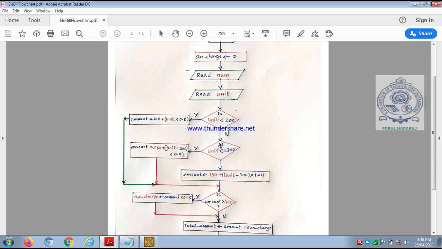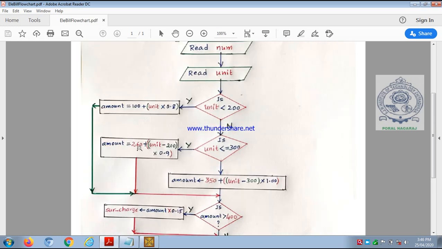Then we check is unit less than or equal to 300. 250 is less than or equal to 300, yes, so follow the yes path. You compute the amount as 260 for the first 200 units, plus unit minus 200. So 250 minus 200 is 50, and all those 50 units will be multiplied by 90 paisa to get the amount.